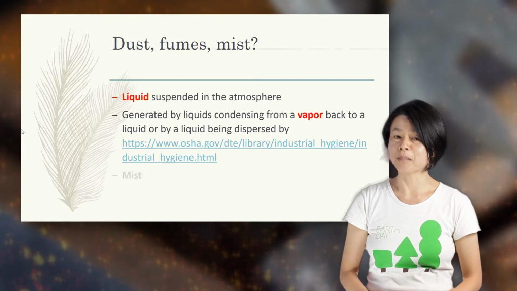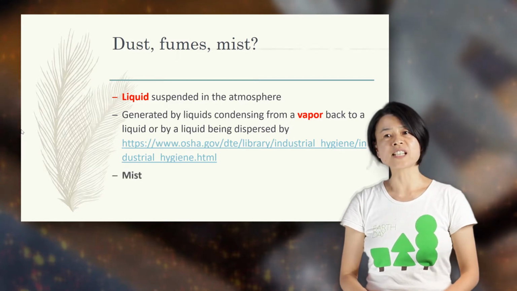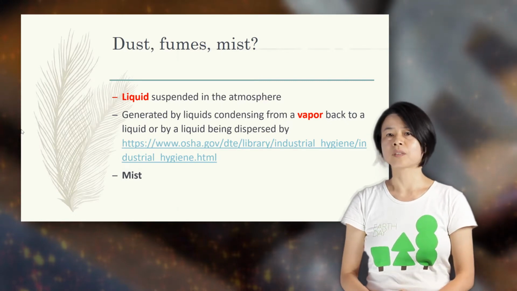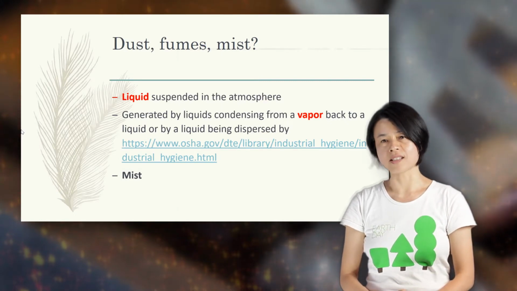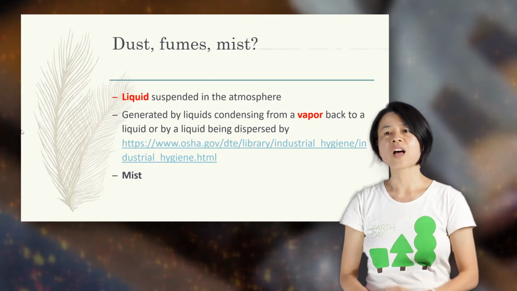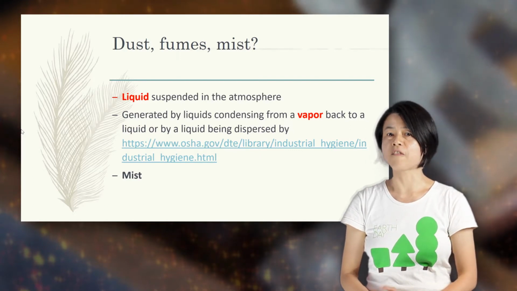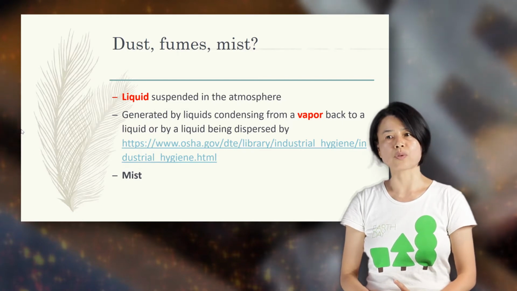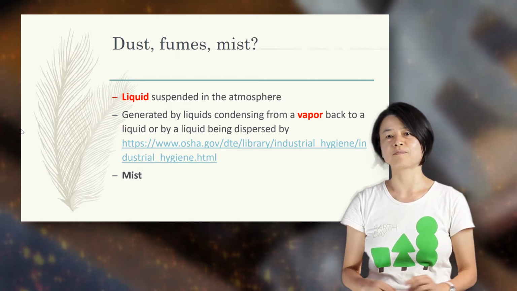Okay, the answer is mist. The characteristics of mist include 1. Mist is liquid, while dust and fumes are solid. 2. Through condensation from a vapor or dispersion from a liquid. But no matter what source, mist is liquid eventually.